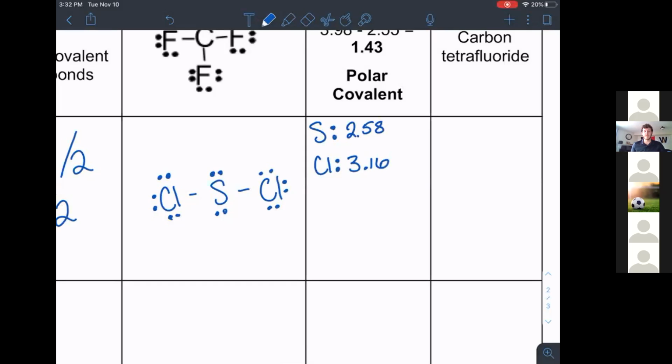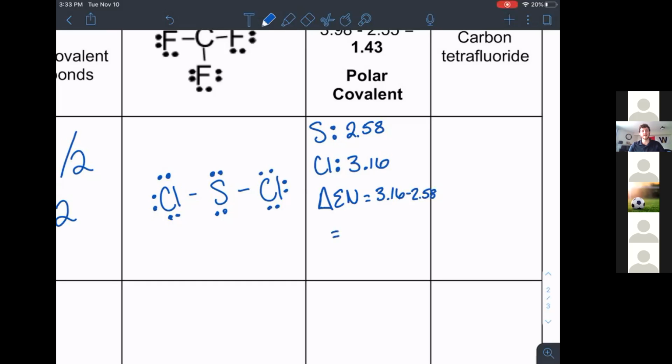Perfect. So when we find our electronegativity difference, we always do which one first? The biggest one. So we're going to do chlorine minus sulfur. So 3.16 minus 2.58.